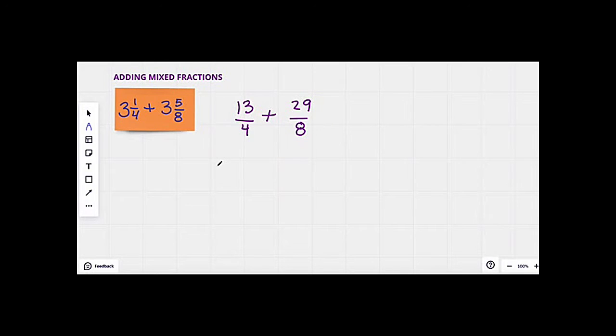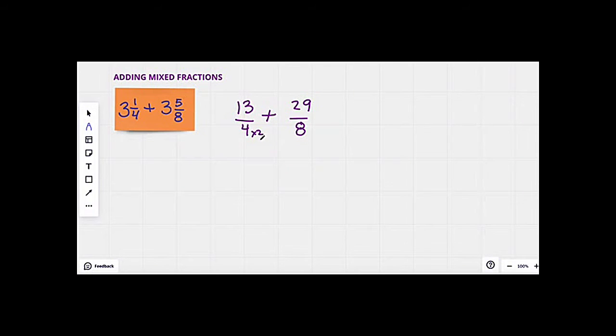Now, if we remember, when we're adding fractions, we can't do anything unless our denominators are the same. We notice that now in our fractions, our denominators are not the same. So we need to make them the same before we continue. We're going to look at this 4, and we know that if we multiply 4 times 2, we get an 8, and that would give us the same denominator.